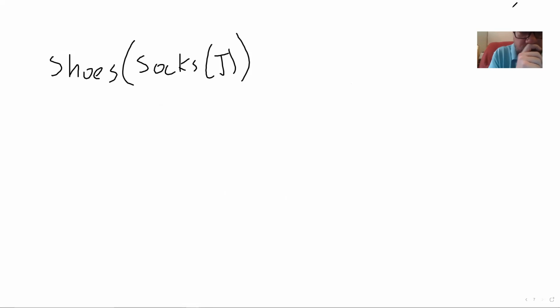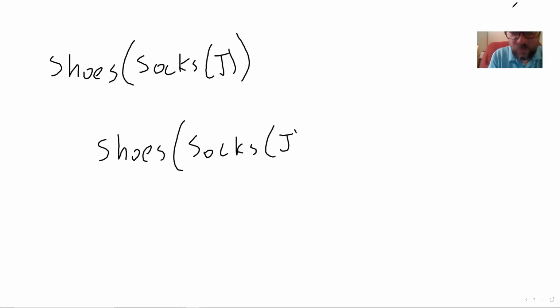So let's say I've got shoes of socks of J. I wish I'd given these letters so I didn't have to write so many words. And then I want to get back down to bare feet. So to this whole thing, I would have to do shoes inverse.